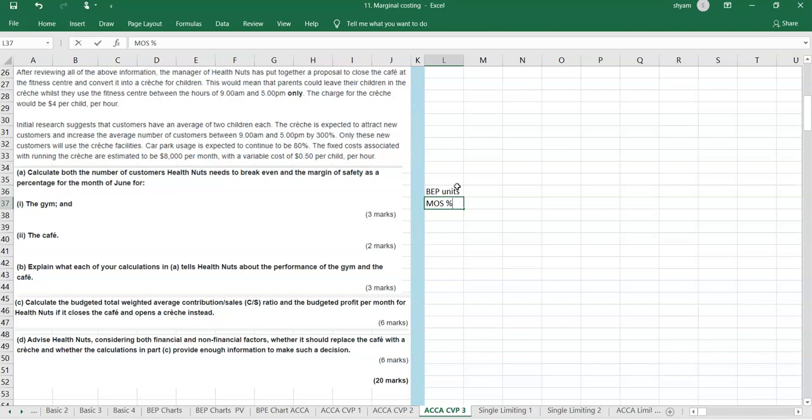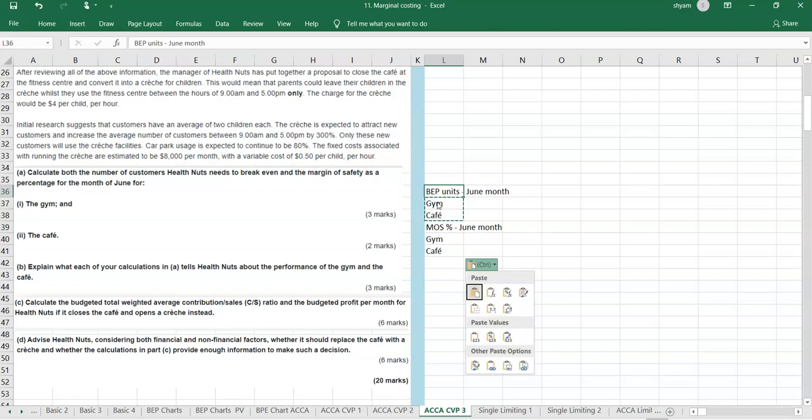Both he wants just for 1 month, which is June, not for a year. And he wants us to find both for the gym and for the cafe.